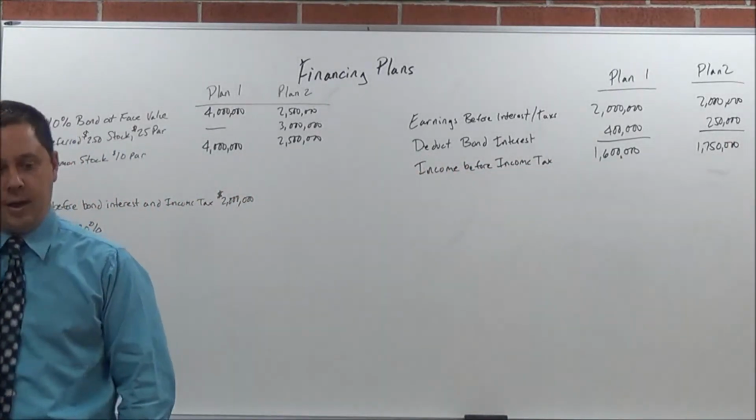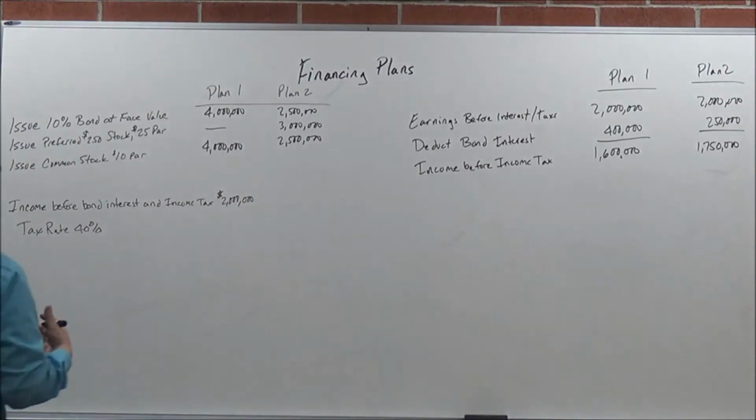Now we will deduct our income tax. We will multiply by the tax rate of 40%.